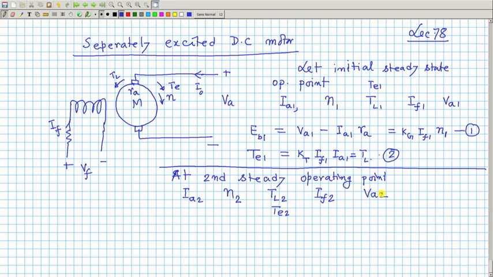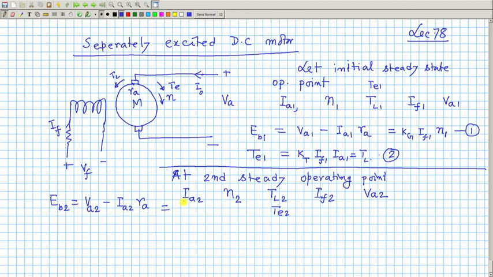In that case, EB2 will be equal to the applied armature voltage VA2 minus steady armature current IA2 into RA. I have not changed the armature resistance, though I could include that, because I could always connect external resistance in the armature. Let us not complicate this too much.